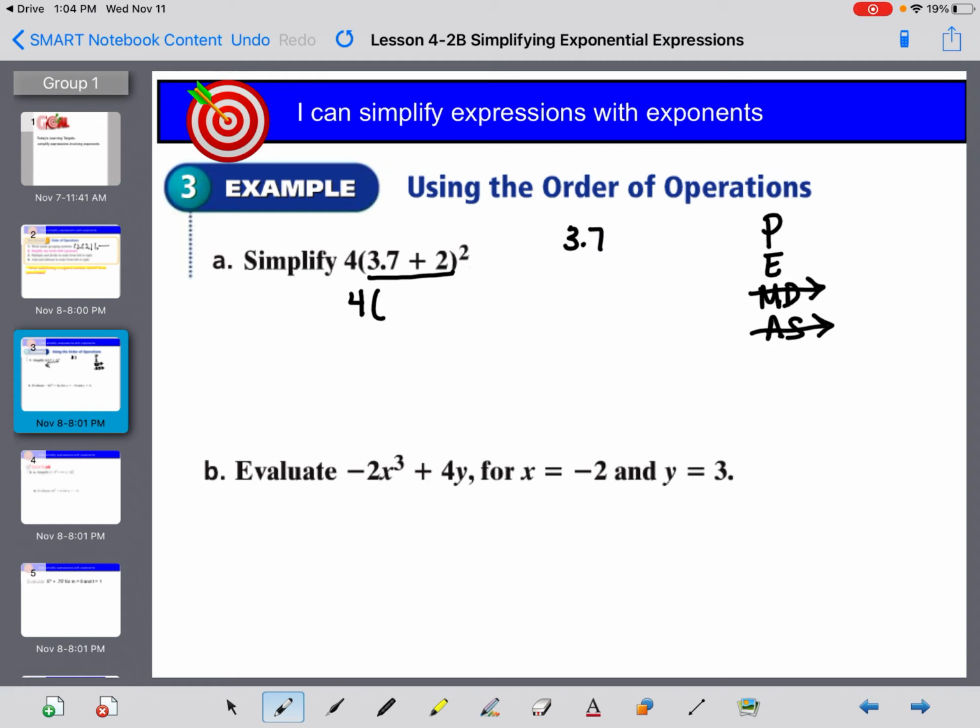Remember to line up the decimal point, and you get 5.7. The next thing that you need to do, I've done my grouping, now my exponent. Do not take 4 times 5.7 first. That's a big mistake. You need to take 5.7 times 5.7.